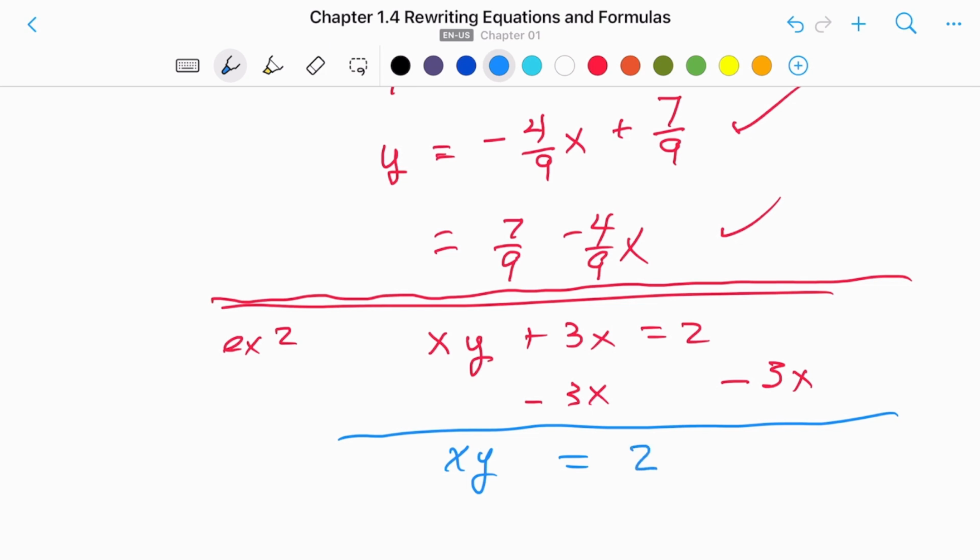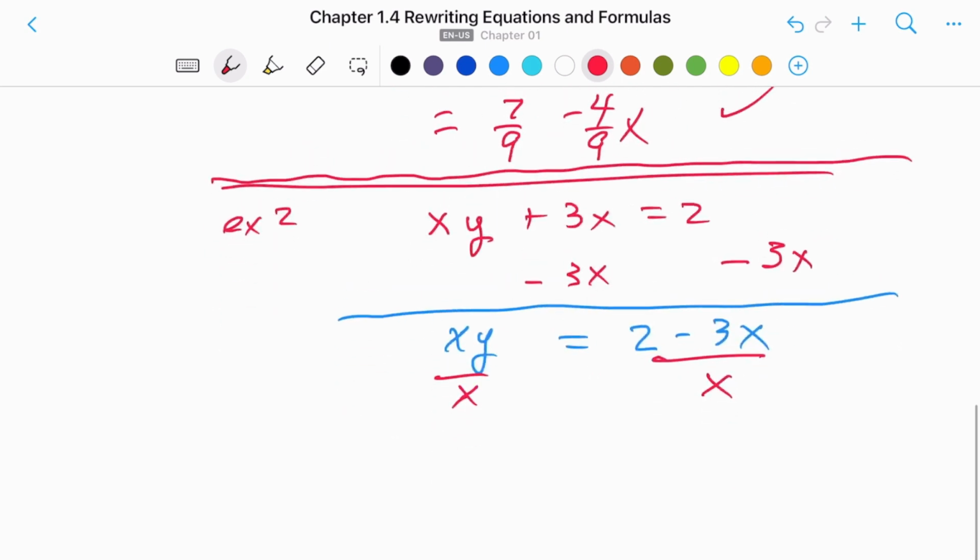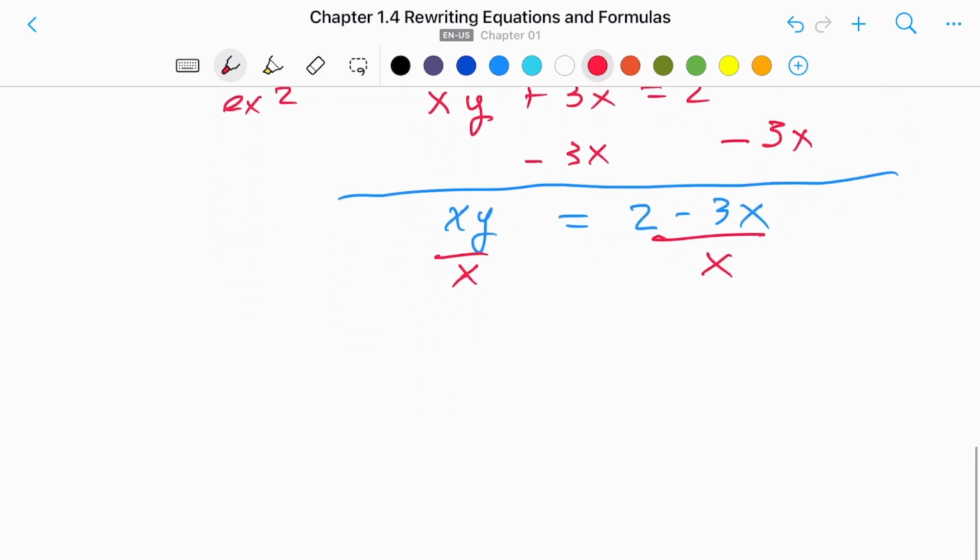Equals 2 minus 3x. And all you've got to do now is just divide both sides by x. And then this becomes y equals.